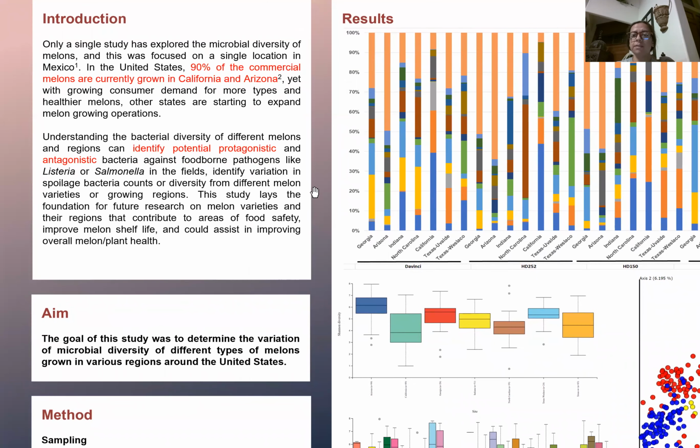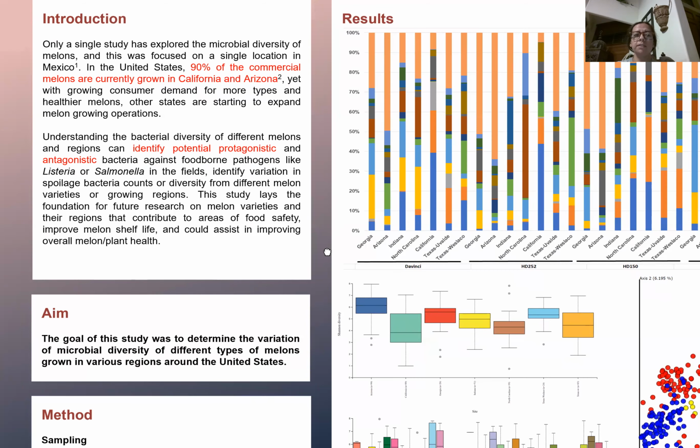So why this is important is because the majority of our melons are grown in California and Arizona. So really taking the time to look at microbial diversity on melon rinds can help us open up new avenues, such as identifying potential protagonistic and antagonistic bacteria that can be used against foodborne pathogens like Listeria or Salmonella that are really prevalent in these melon outbreaks.